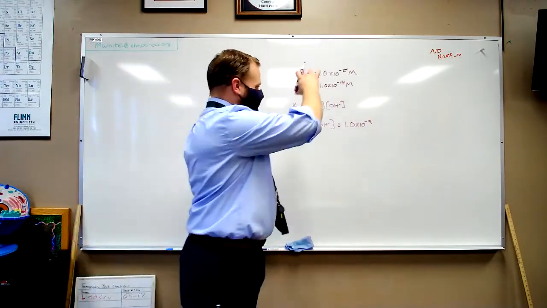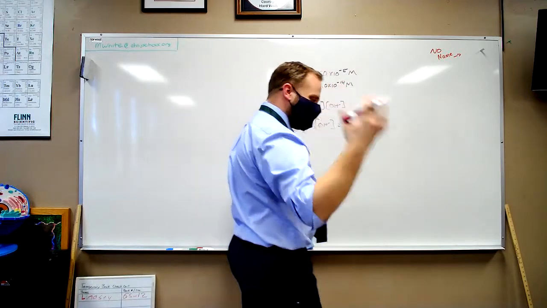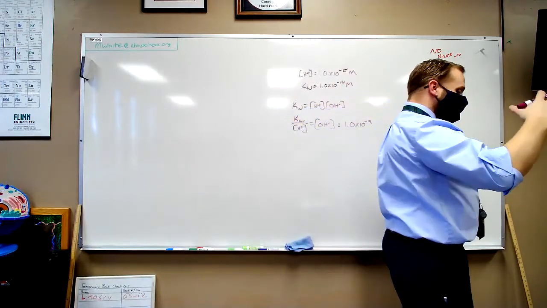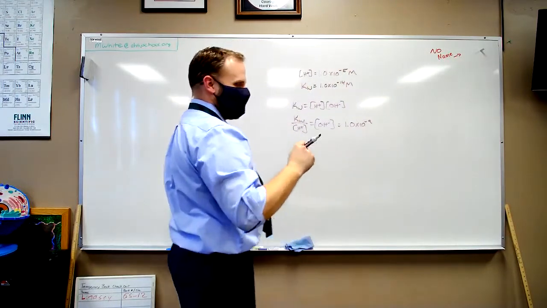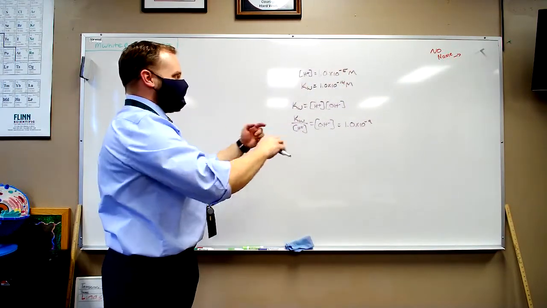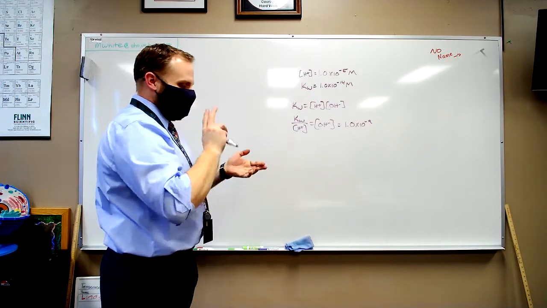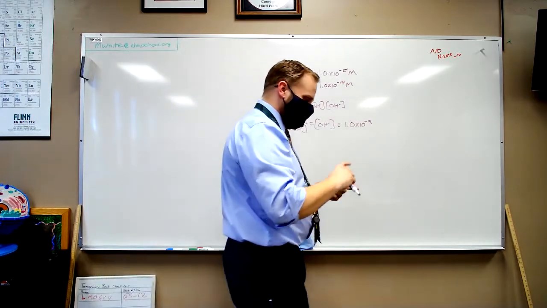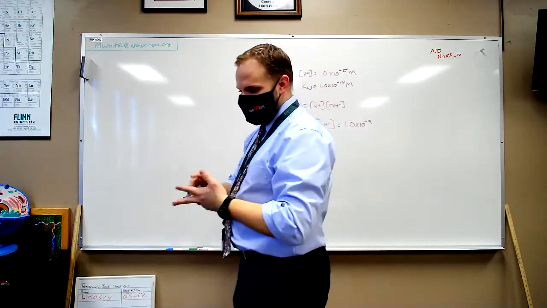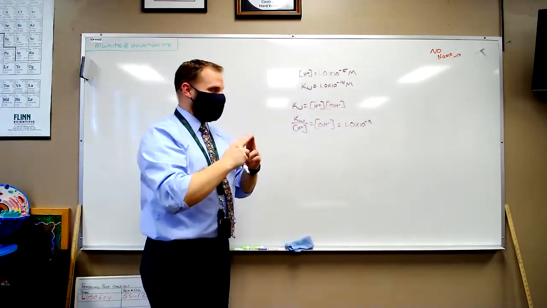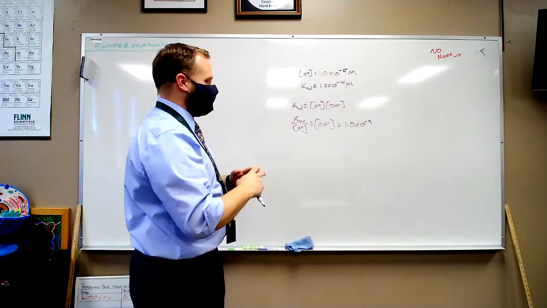And so now we can look at this and say, is it acidic, basic, or neutral? Remember, the conditions are if there is a higher concentration of hydrogen ions, it's acidic. If there's a higher concentration of hydroxide, it's basic. And if they're equal, it's neutral.